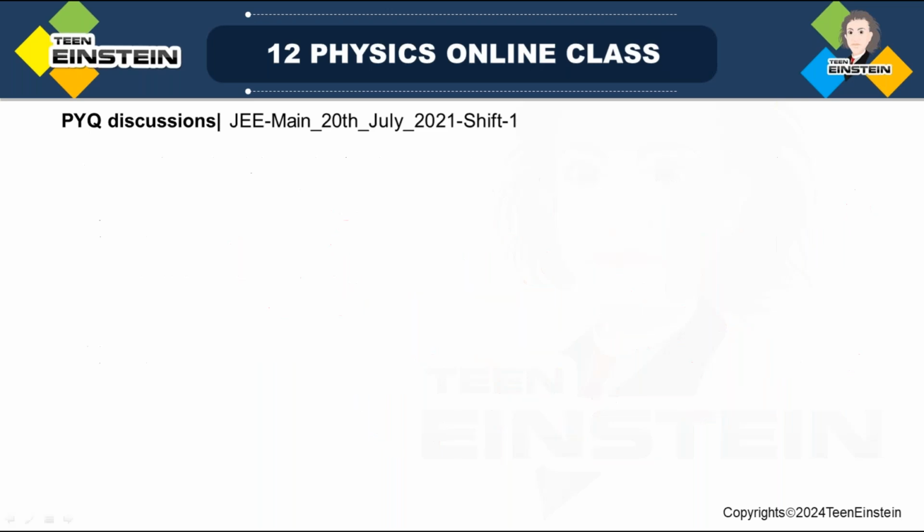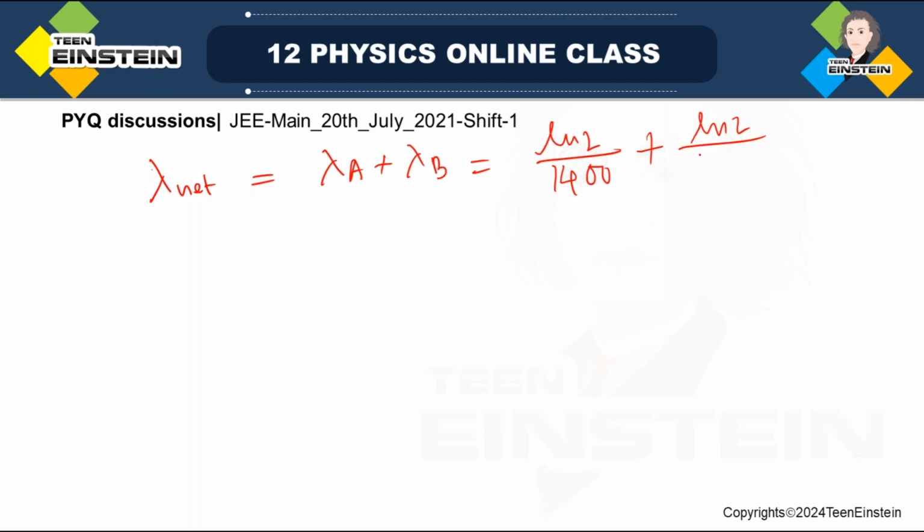Now the total or net disintegration constant, lambda net, is equal to lambda A plus lambda B. So lambda A is ln2 by 1400 plus ln2 by 700. Let me take ln2 divided by 700 common.